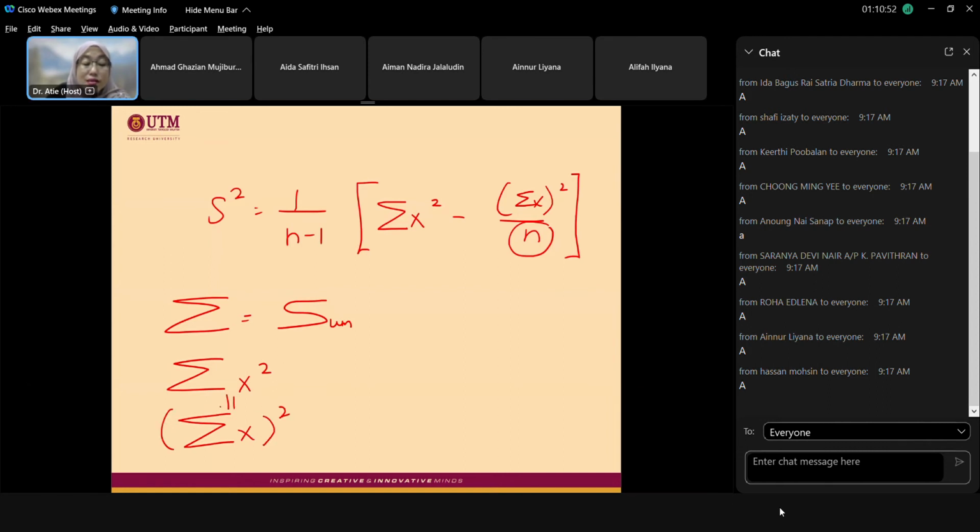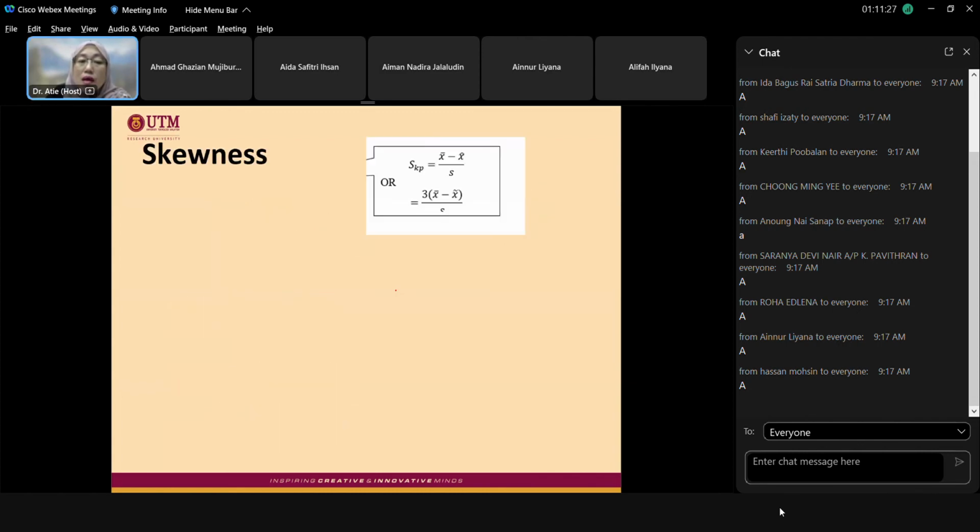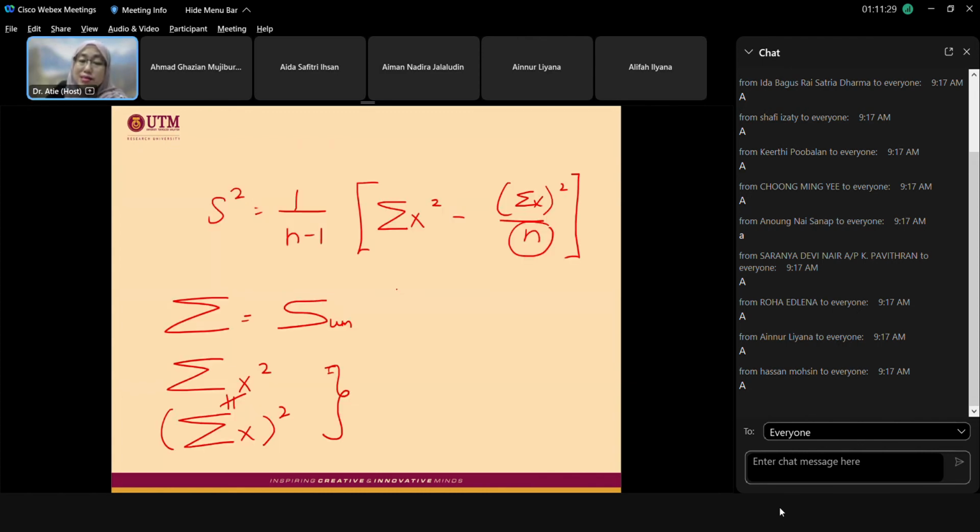For this one, you need to square each value in the data set first, and then sum it. For this one, you need to sum all the values first, and then square it. So these two numbers will be totally different. Even though it looks similar, it is not. Okay, and we'll do an example after this.